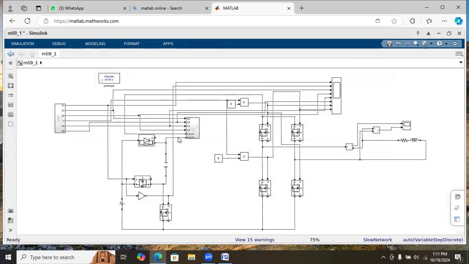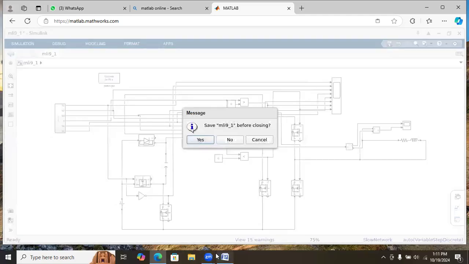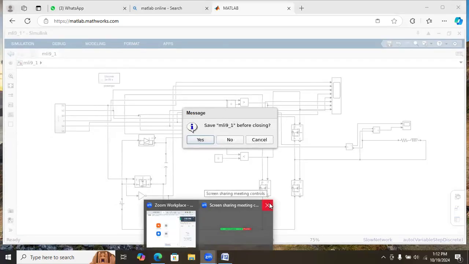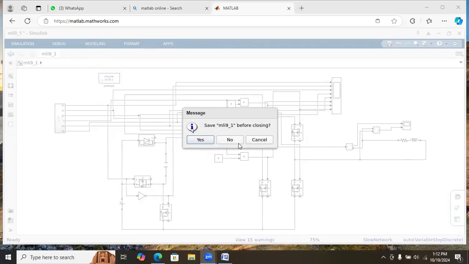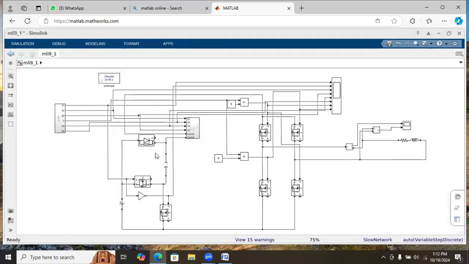You will get 9 levels with the help of 2 sources and 2 capacitors and totally 10 switches. We can further increase the number of levels by increasing the switched capacitor cells. And the pulses will be easier to generate for the higher levels.